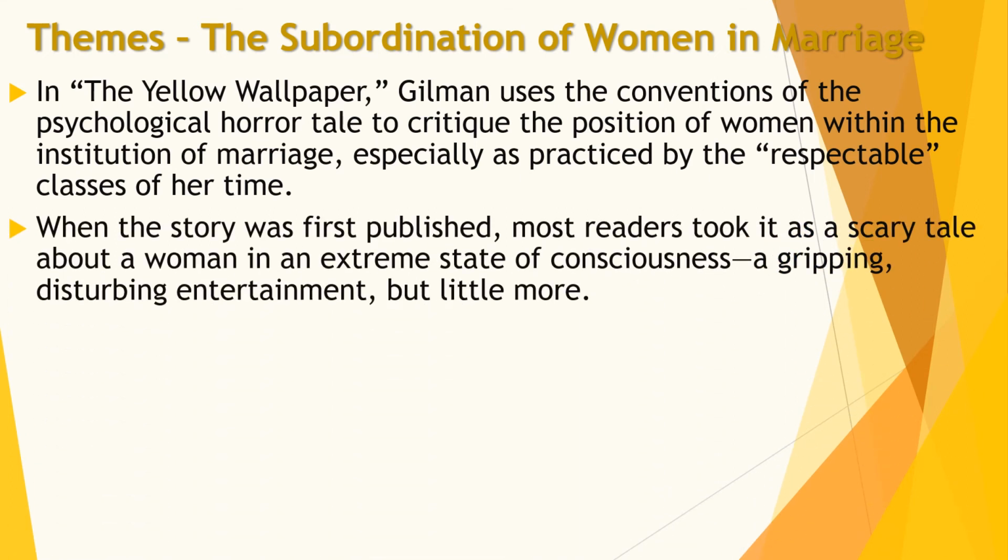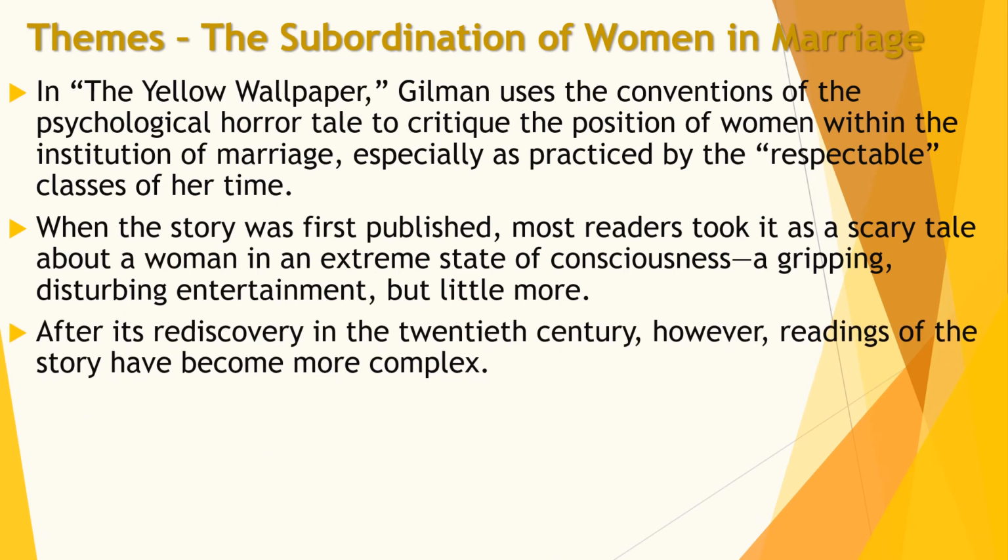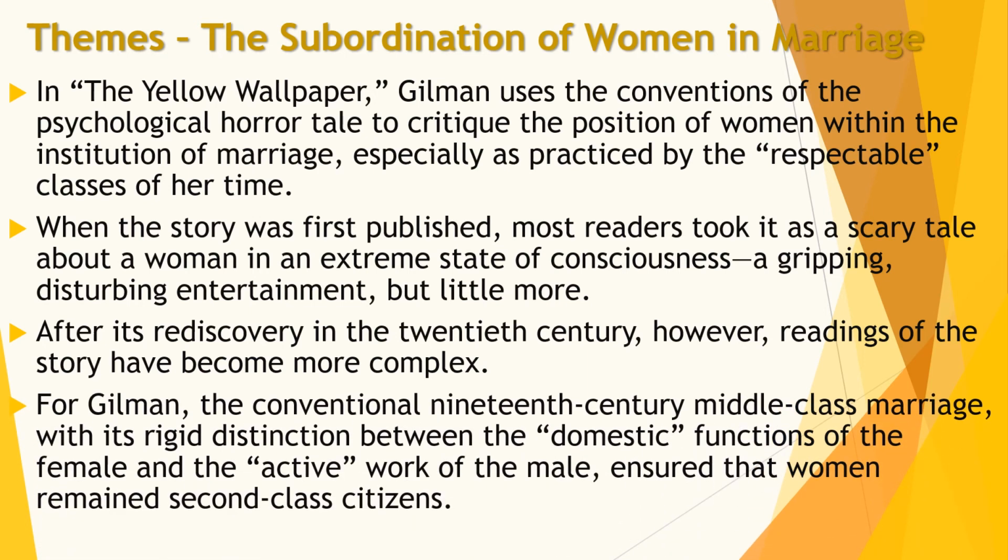When the story was first published, most readers thought that it was just a scary tale about a woman in an extreme state of consciousness, a gripping, disturbing entertainment, but little more. After its rediscovery in the 20th century, however, readings of the story have become more complex.